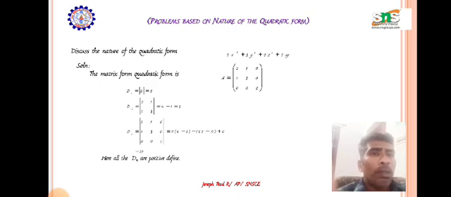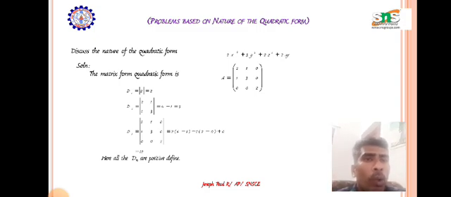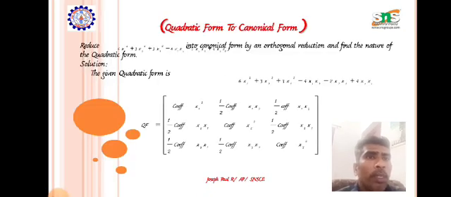D2 is the 2 by 2 minor matrix, 2 1 1 3, which is 5. And D3 is the determinant of A, which is 10. All three D values are positive, so it is positive definite.